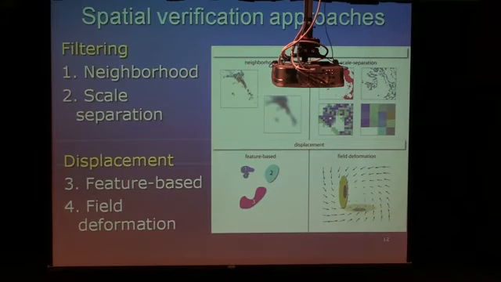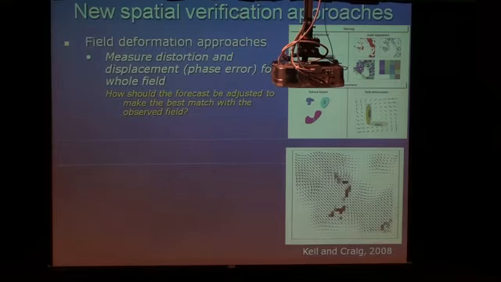There are various ways of doing spatial verification: the neighborhood technique, the spatial separation, a little bit about what was in the previous talk, how it's displaced, the field deformation, or different techniques in terms of spatial variability. You can do this for important things such as phase error for the whole field.